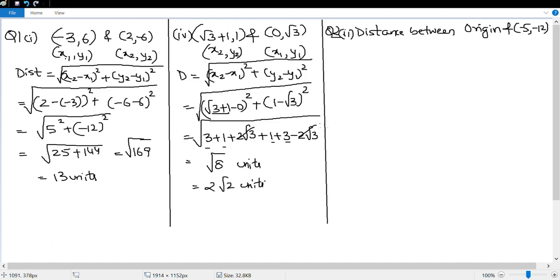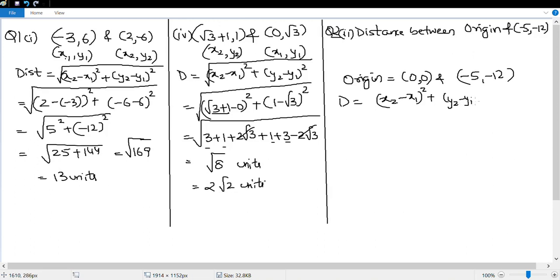Done. Let's look at the next question. Question number 2, part 2. The question says, find the distance between the origin and the given point. So we know the origin, what are the coordinates of the origin? Origin is equal to 0, 0 and the other point is negative 5, negative 12. So we know the distance formula, which is the square root of x2 minus x1 whole square plus y2 minus y1 whole square.